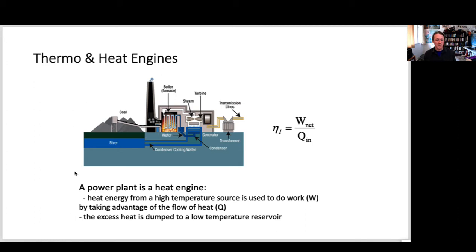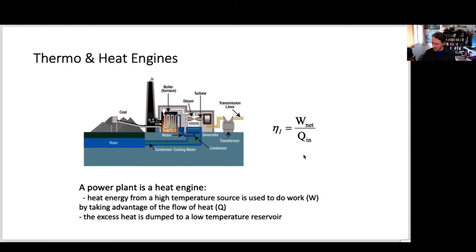We've already talked about the first law efficiency, and that's shown here. If we talk about the first law efficiency of a power plant, it simply relates the work that we get out divided by the flow of heat, in this case, coal coming in. So this is a power plant.